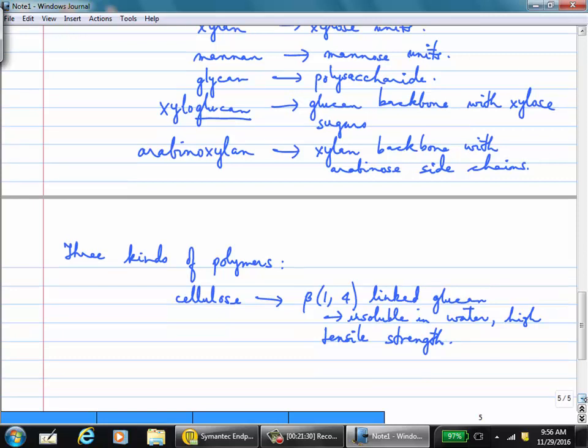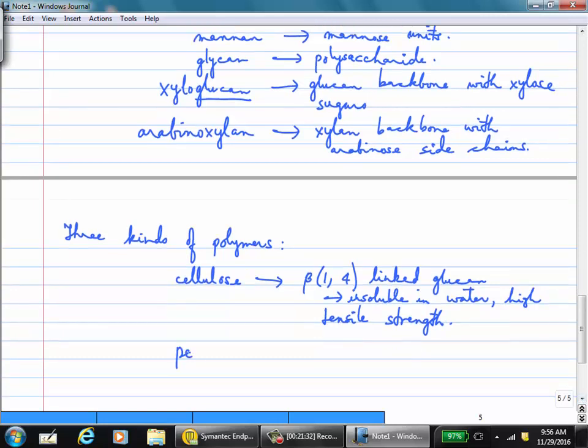Then if you look at pectin, pectin is something that is hydrophilic. It's a gel forming polysaccharide rich in acidic sugar residues. And again, if you look at the book, they'll give you the detailed structure of all these molecules.